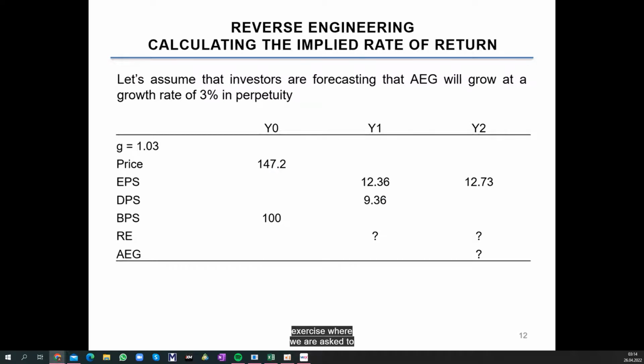This is another exercise where we are asked to calculate the implied cost of equity capital using the abnormal earnings growth model. The following information is given and we are asked to assume that abnormal earnings growth will grow at a constant rate of 3% from year 2 onwards. The current stock price is 147.2.